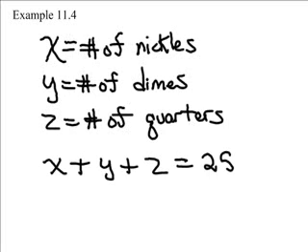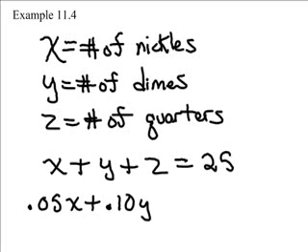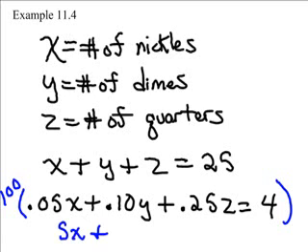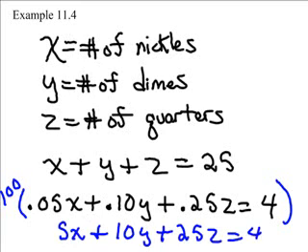And because these are now worth a total of $4, I know that 0.05x plus 0.10y plus 0.25z has to equal 4. And again, I want to clear my decimal, and then if I can, I want to reduce my equation. So I'll begin by multiplying everything through by 100. That's going to give me 5x plus 10y plus 25z equal to 400, and I can divide everything by 5 again.